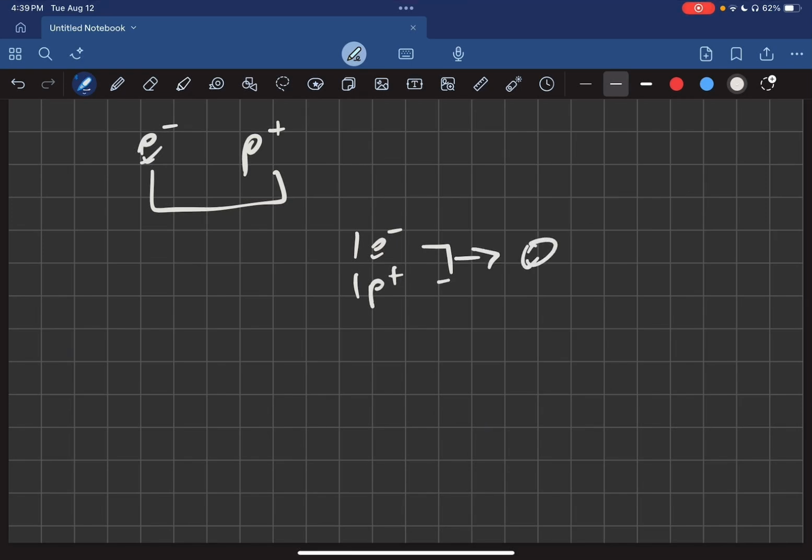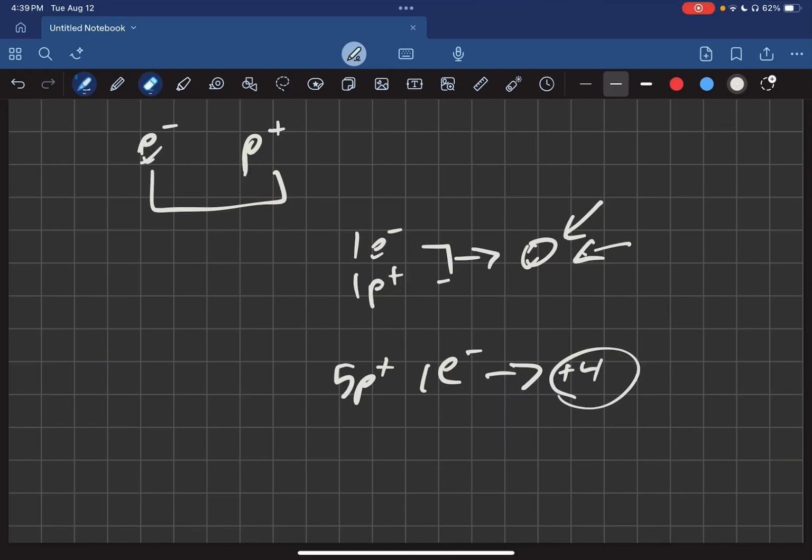Another important thing is that the ground state of an atom is going to be so that this number equals 0. Usually, atoms don't like to have 5 protons and 1 electron, where its net charge would be +4. They don't like that. They want their net charge to be 0. So typically, that's how they're going to be found.